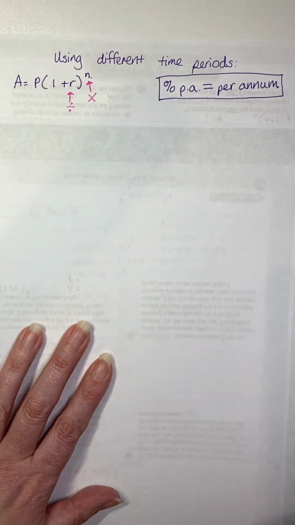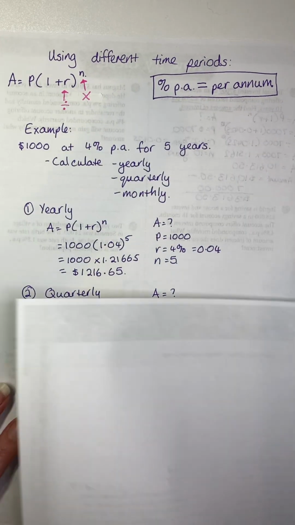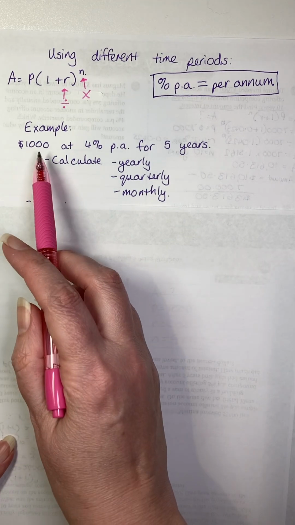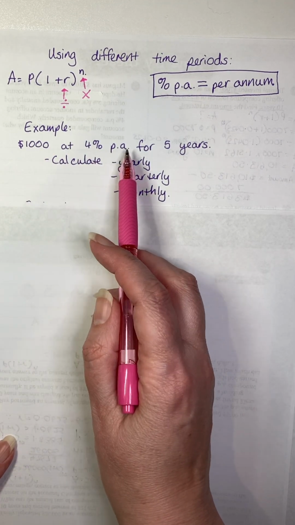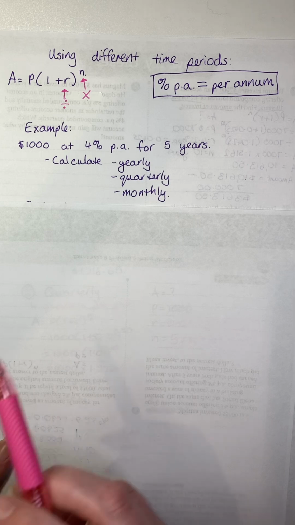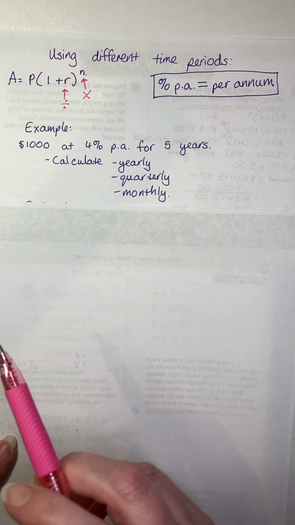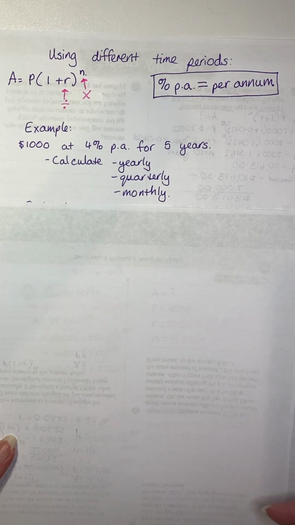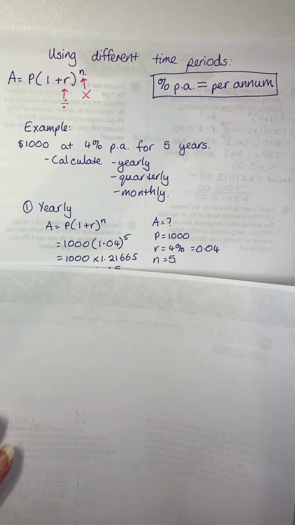So I'll explain. Now, let's say that we are looking at $1,000 at 4% per annum for 5 years. And we're going to calculate it yearly, quarterly, and monthly compounding of interest. Start off with yearly.